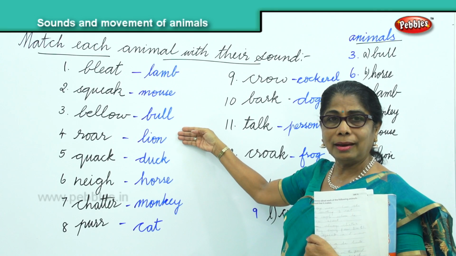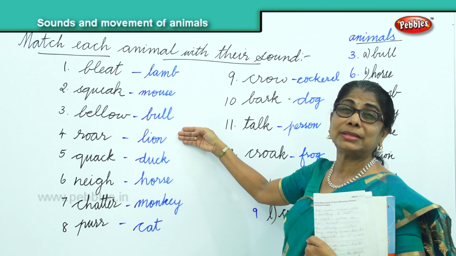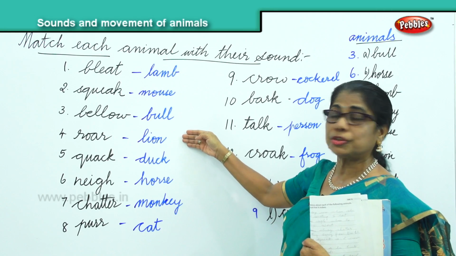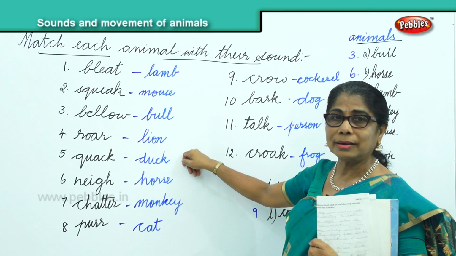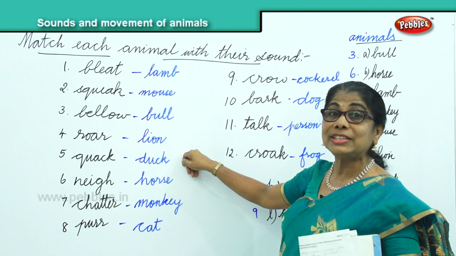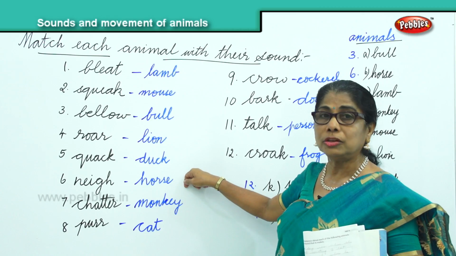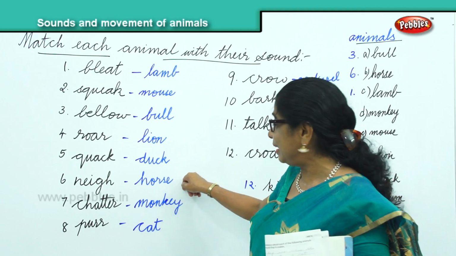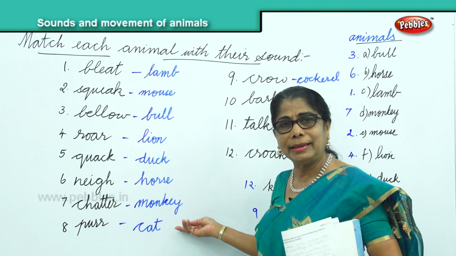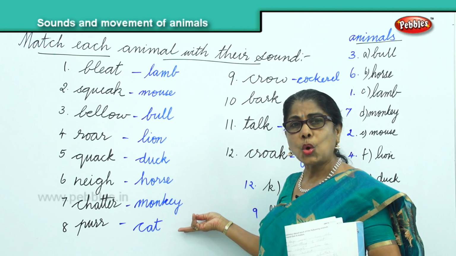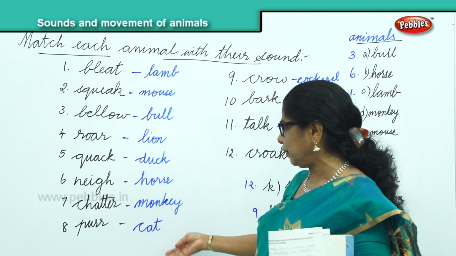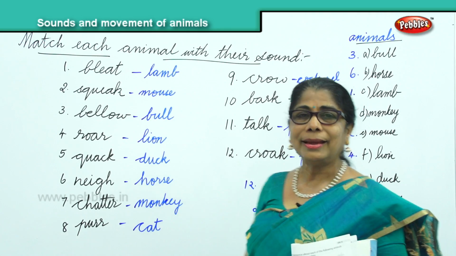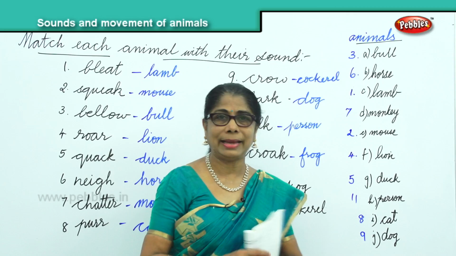A lion roars when it sees strangers in the forest. A duck, you go to catch a duck, it quacks. And a horse, when you go into the stable, the horse says neigh, neigh. Monkey chatters just like you all the time. And then a cat, purr, purr, the cat says.